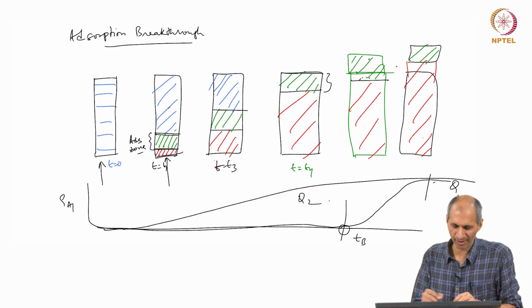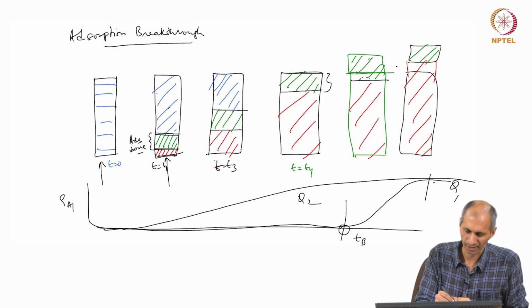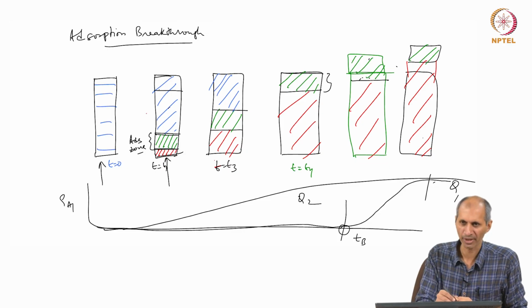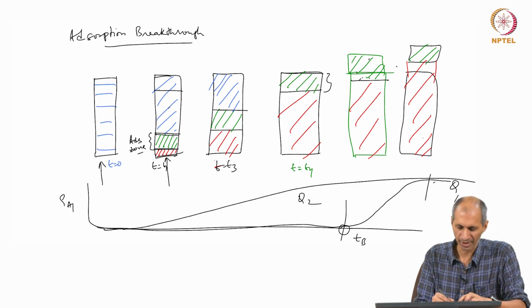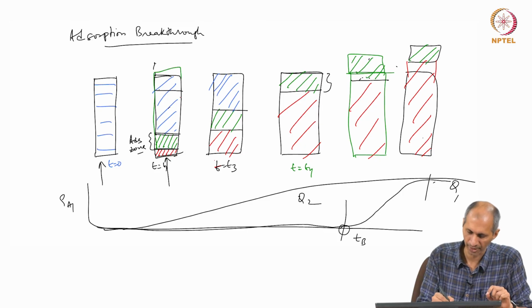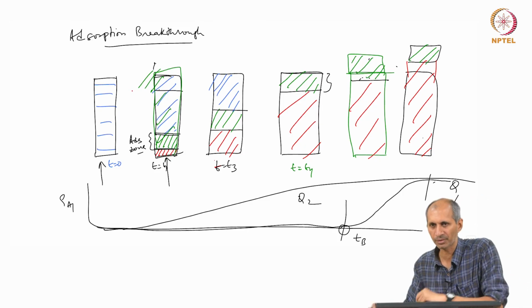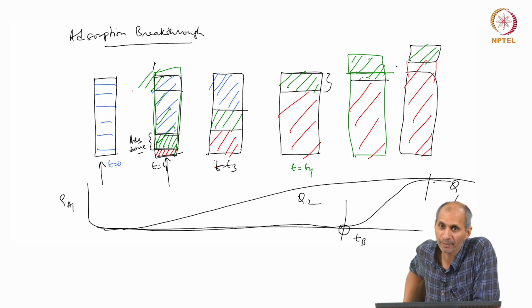What this means is that when I am doing for Q2, the breakthrough curve is big, it has already come out, right at this point it has come out, which means that the adsorption zone is huge. This green zone now looks like this, the green zone is this big. When can that happen? Q2 is very high.